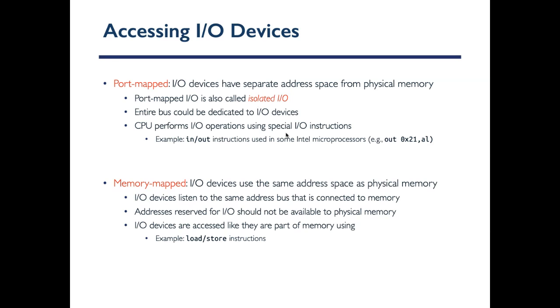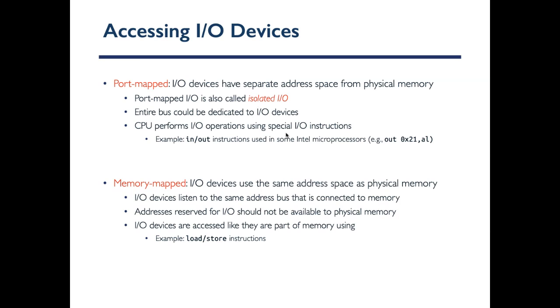The controller has some registers inside, some buffers, and somehow we want to communicate with the controller. We want to read or write to those registers and to those buffers.